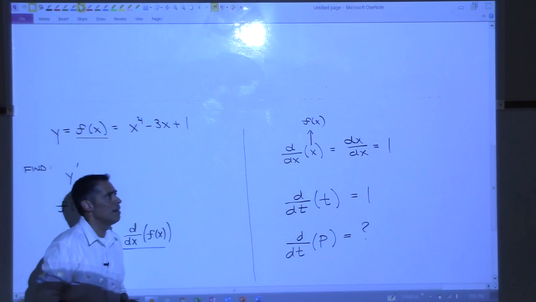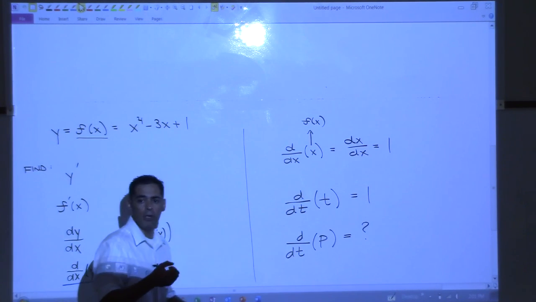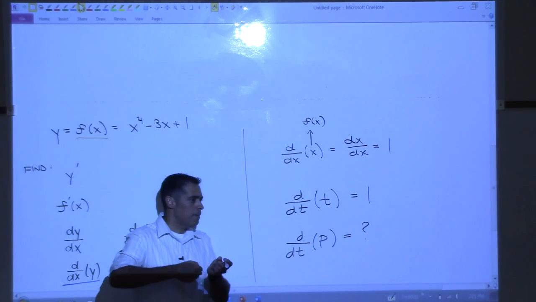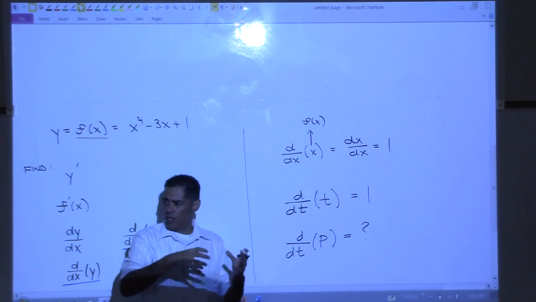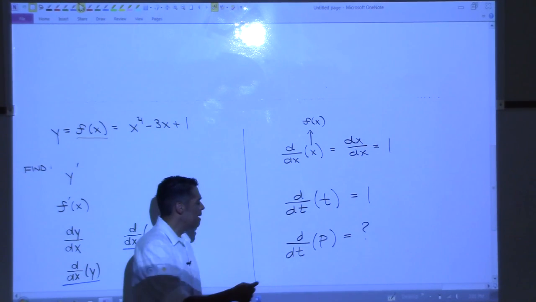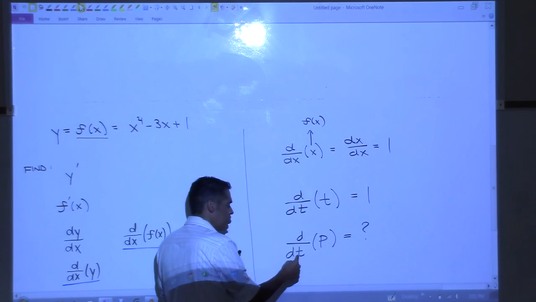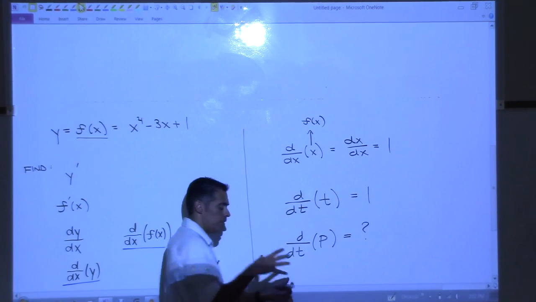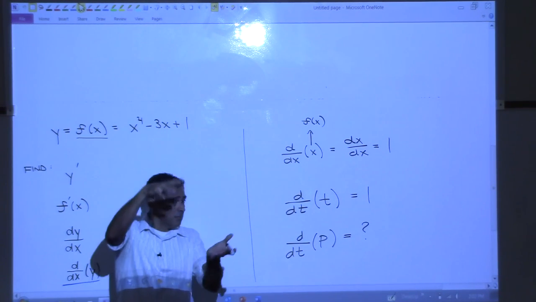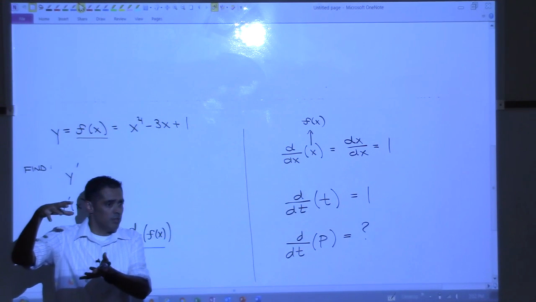A way you might want to think about this is, let's think of a balloon. Say I start pumping air into a balloon. As I pump air in, the pressure in the balloon changes, doesn't it? So this might be asking, at what rate does the pressure change if you change the, I should use a different variable, but how about temperature? This would work with temperature. If you have a balloon in a freezer, and then you take it out into the hot sun, the pressure in the balloon changes.